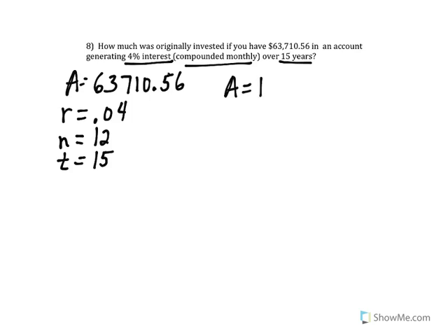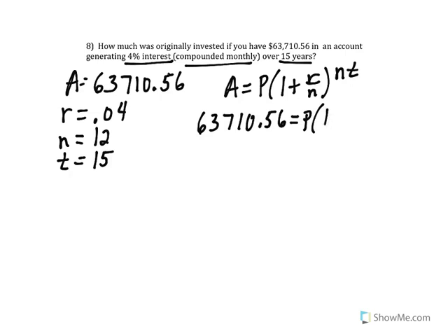Again, we're going to use this formula. Just like before, and I'm going to do this all in one shot, we're going to do 1 plus 0.04 divided by 12, to the 12 times 15.